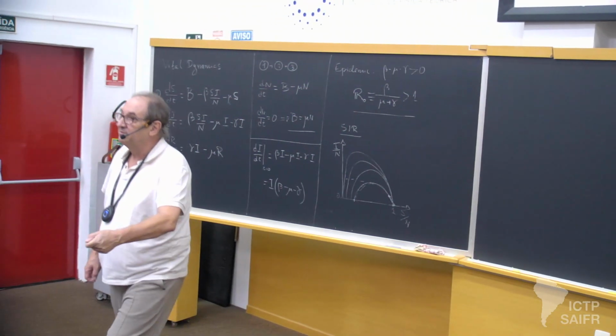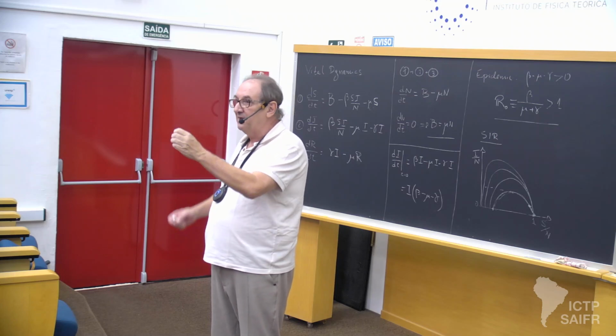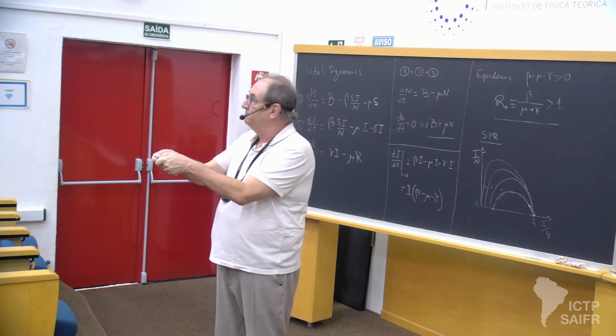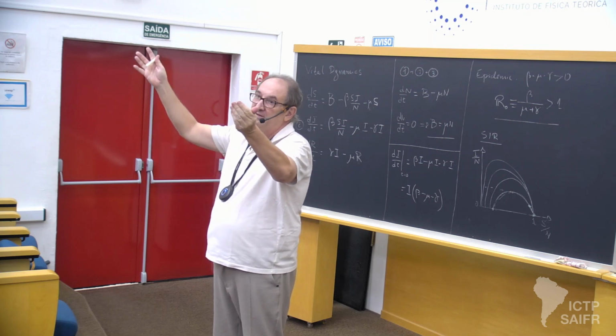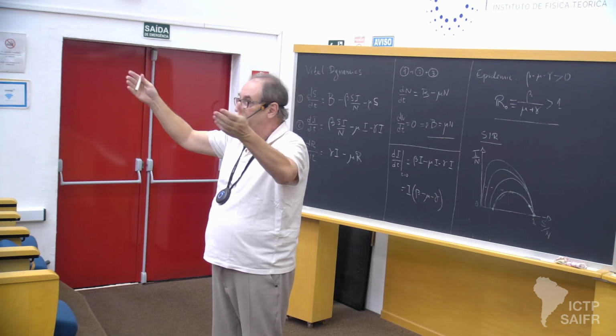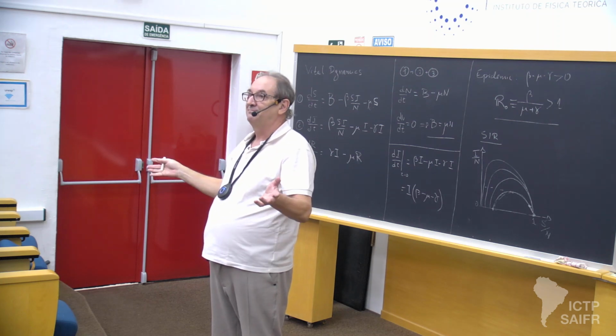And here, the stability of the point S over N equal to 1 depends on R0. If R0 is smaller than 1, you have no epidemic. This means that I introduce a number of infected people, and they just won't spread. They won't increase the number of infected. Then you go back to S equal to N. Okay?